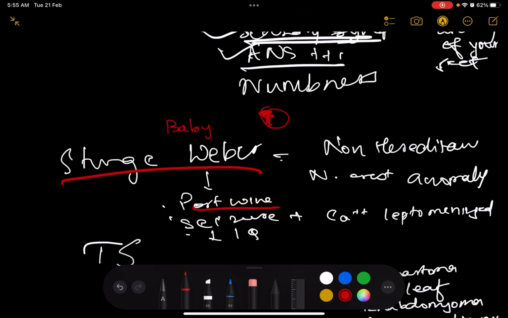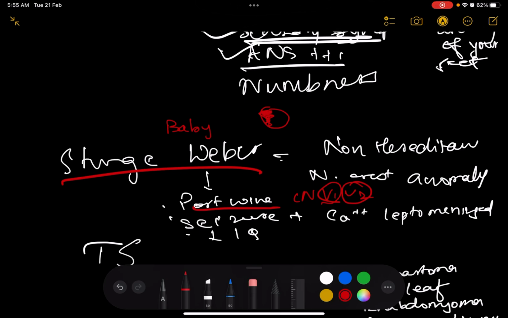It's a massive birthmark in the distribution of the trigeminal nerve, the ophthalmic and maxillary branches, a dermatomal distribution.